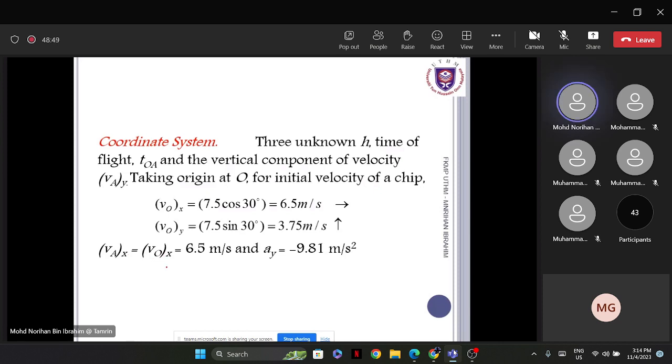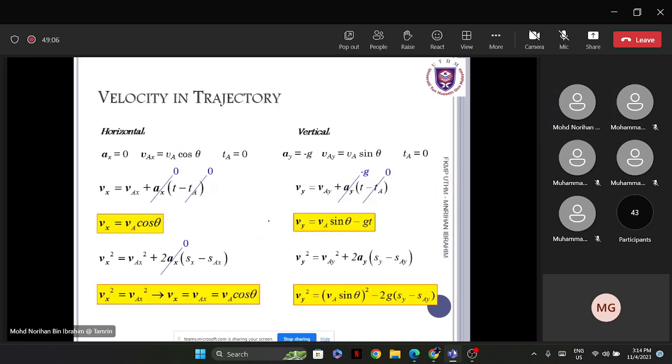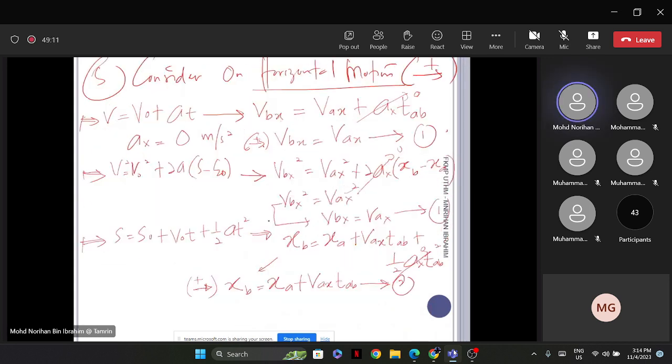If you still remember the equation I derived earlier, the first equation is VBX is equal to VAX. This is in my illustration: VBX is equal to VAX.